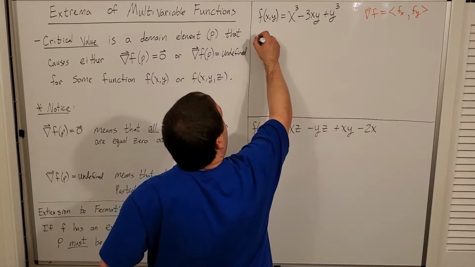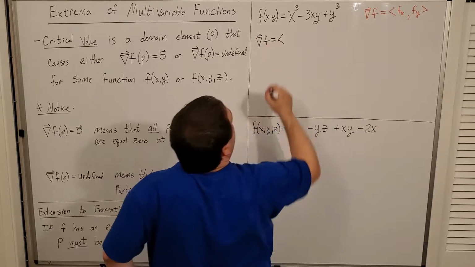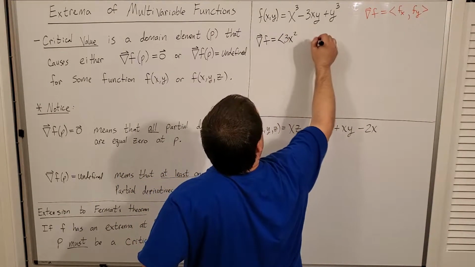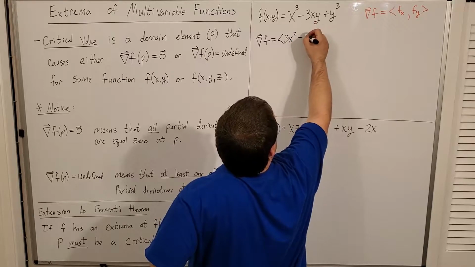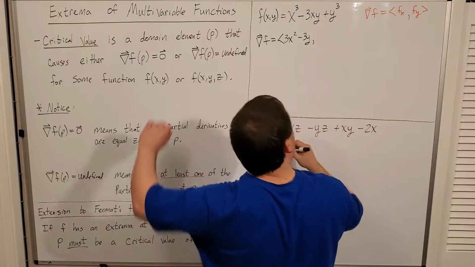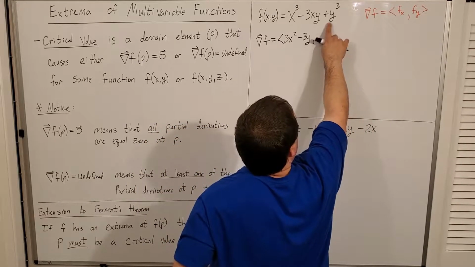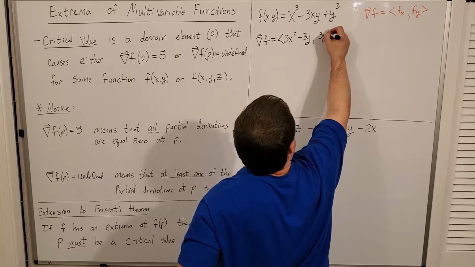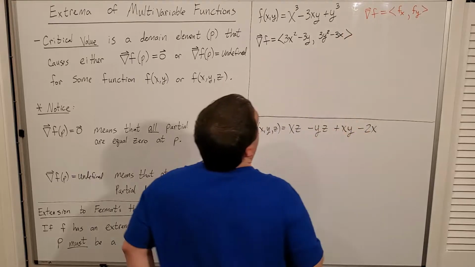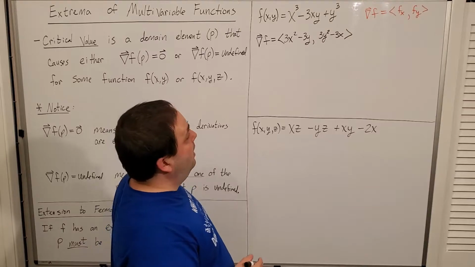The gradient of f here is going to be equal to 3x squared minus 3y. And for the y partial derivative, I'm going to have 3y squared minus 3x. So there's my gradient at any given point x, y from the domain.